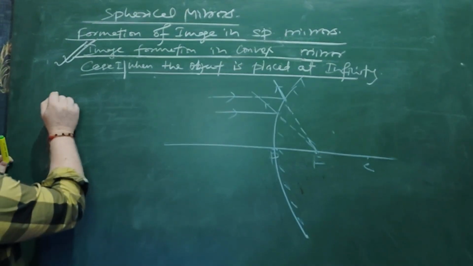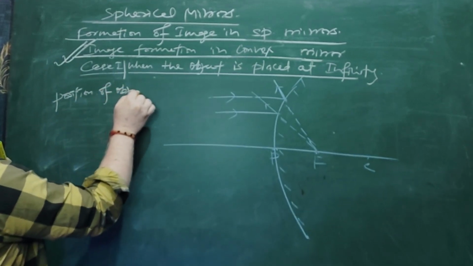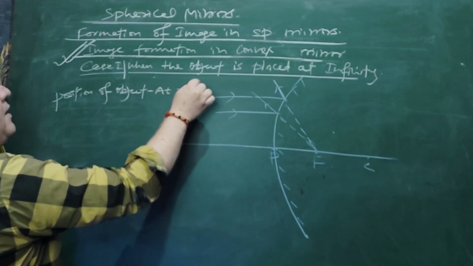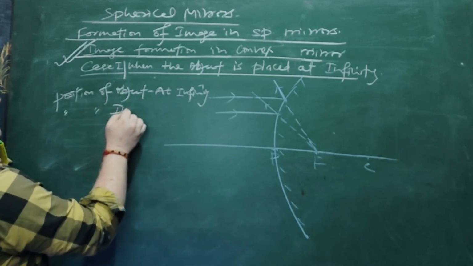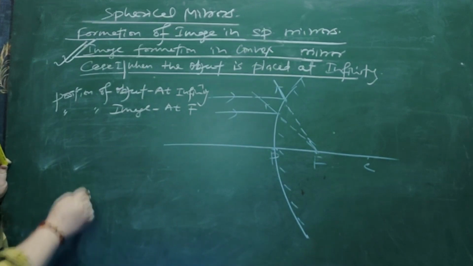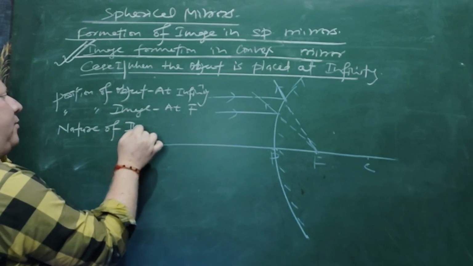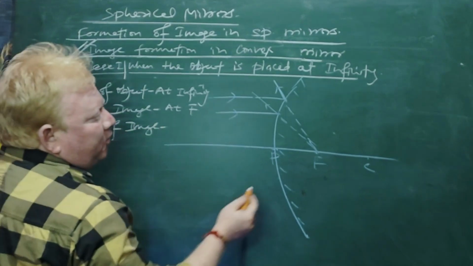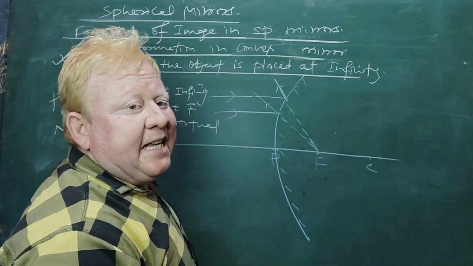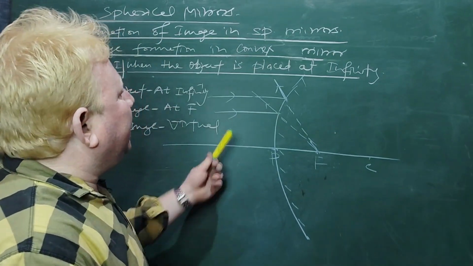So here what is the position of object? Position of object is at infinity. And what is the position of image? The position of image is at focus. And what about the nature of image? The nature of image is going to be virtual. Why? Because light rays are not meeting actually at a point.